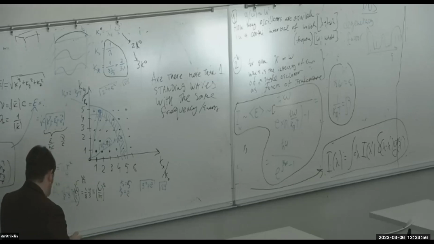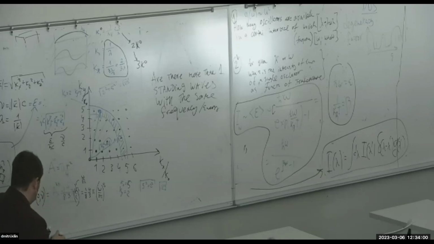Now, if we need to find the amount of states in the range between nu and nu plus delta nu, we can call it the density of states as a function of nu, and we can define it.